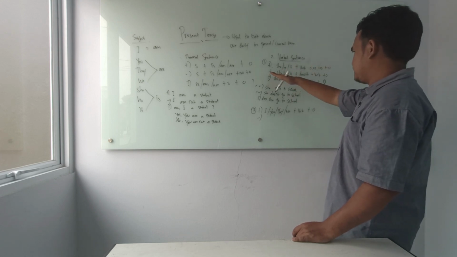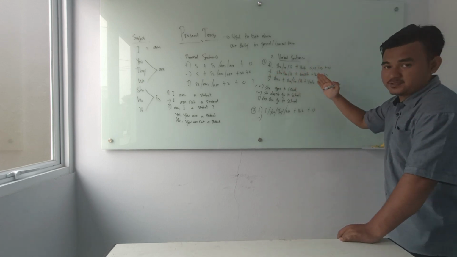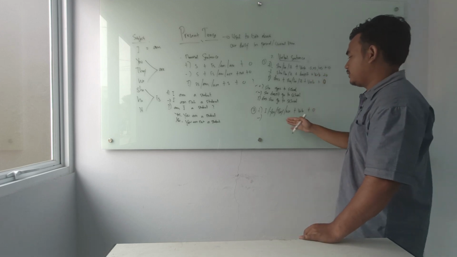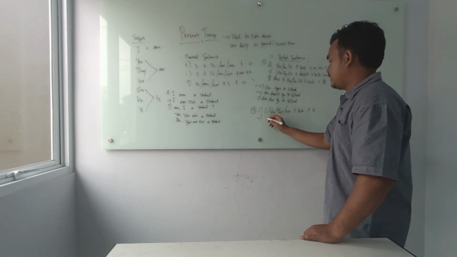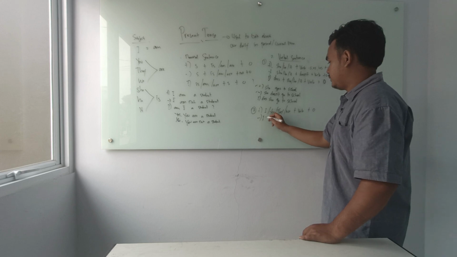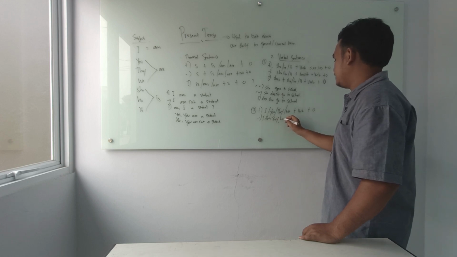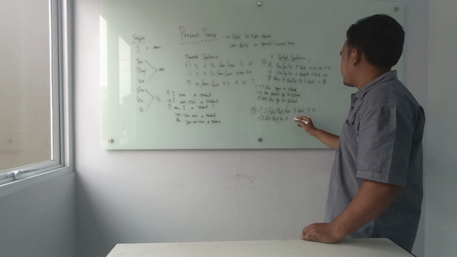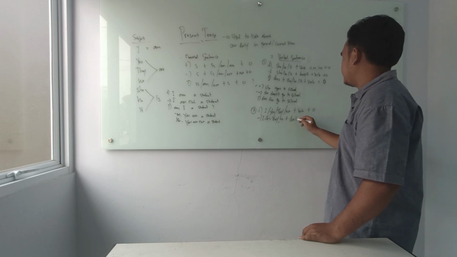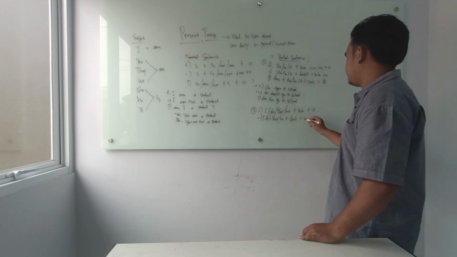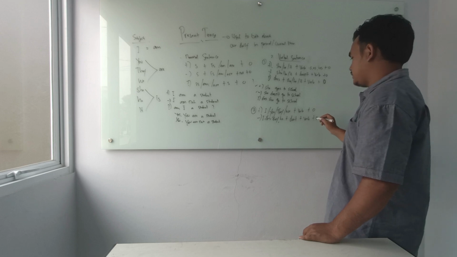In the negative of she, he, it, we put doesn't. But in the negative of I, you, they, we, we need don't. I or you or they or we plus don't plus verb plus object here.